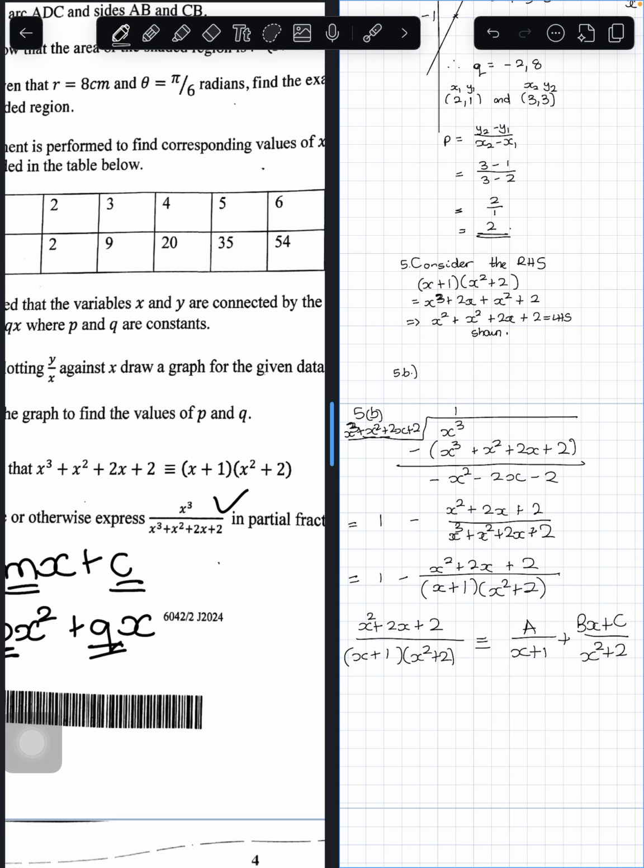Here we used a over x plus 1 because it's a linear function. Then the second one we said bx plus c because it's a quadratic function. Is that one clear?